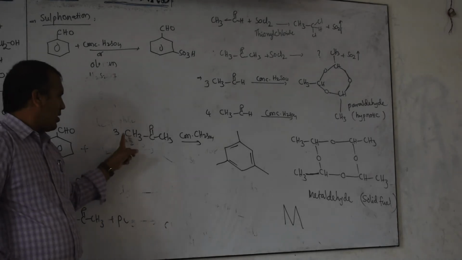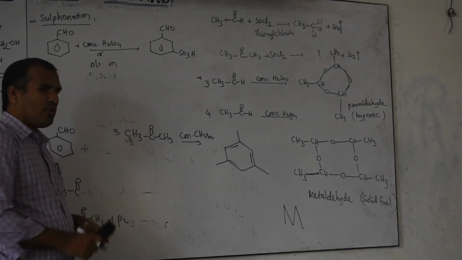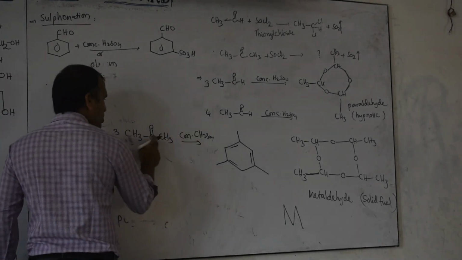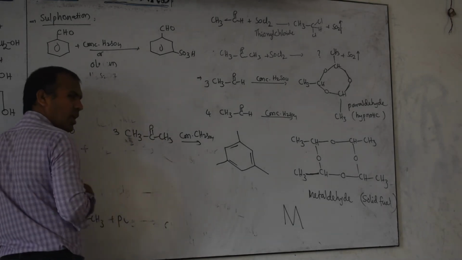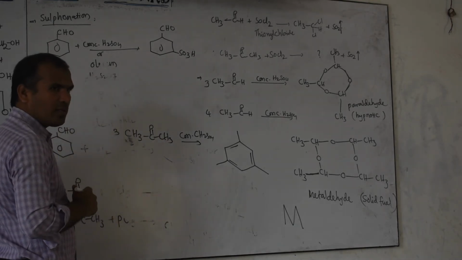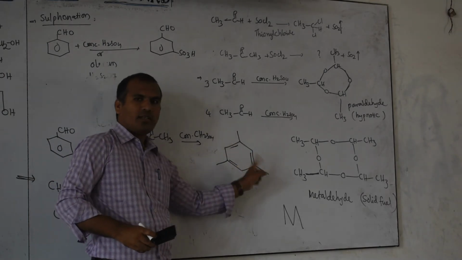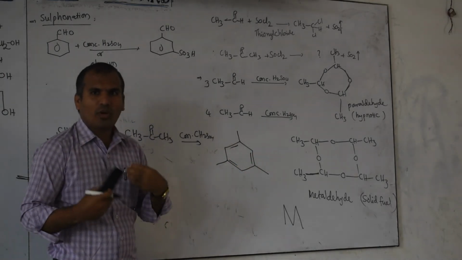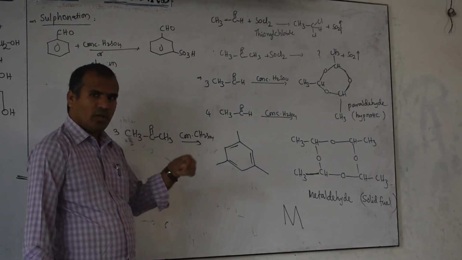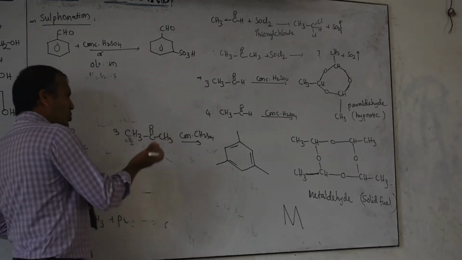How many are there? 3 moles. See, 1, 2, 3. 3 into 3, 9 carbons. Here benzene is 6, 7, 8, 9. Oxygen is not there, the water molecule is removed. Water molecule removed here.